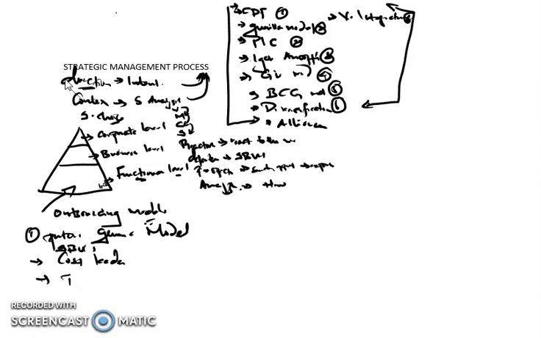The second one is to be a differentiated firm. So it's called the differentiation strategy. Then you have the focus strategy. I'll repeat. You have the cost leadership strategy. You have the differentiation strategy. Then you have the focus strategy.